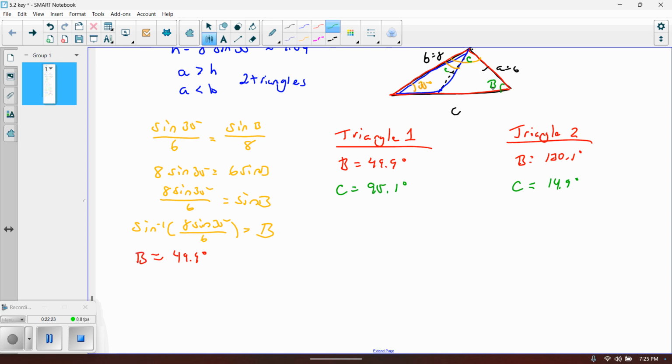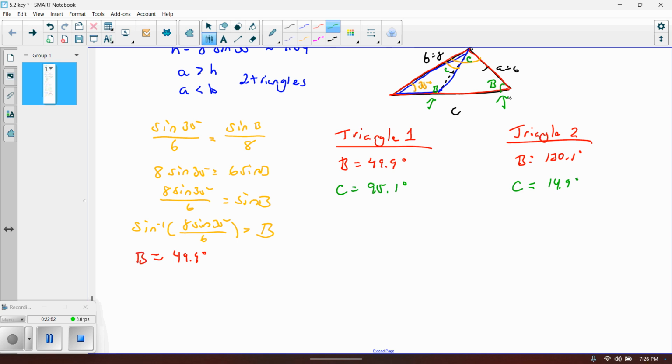Over here is B, or over here is B. So the obtuse one for B, or triangle 2, comes from this one. Triangle 1 comes from that one. I apologize, I labeled those completely wrong. And the opposite of C is going to be the top ones. Hopefully those make sense now when you look at them. The smaller C is the 14.9, the larger C is the 95.1, so it's an obtuse angle.